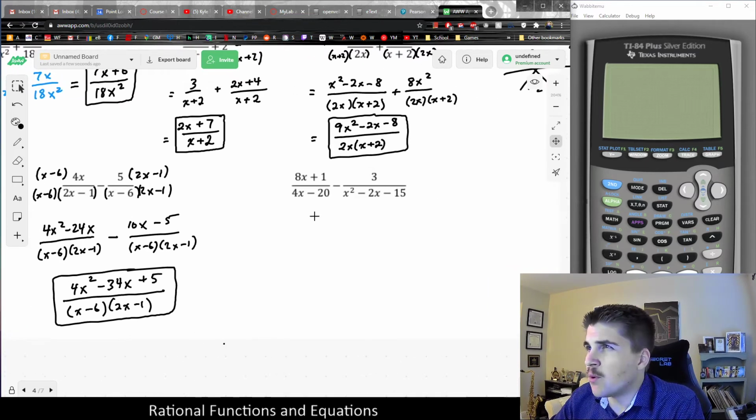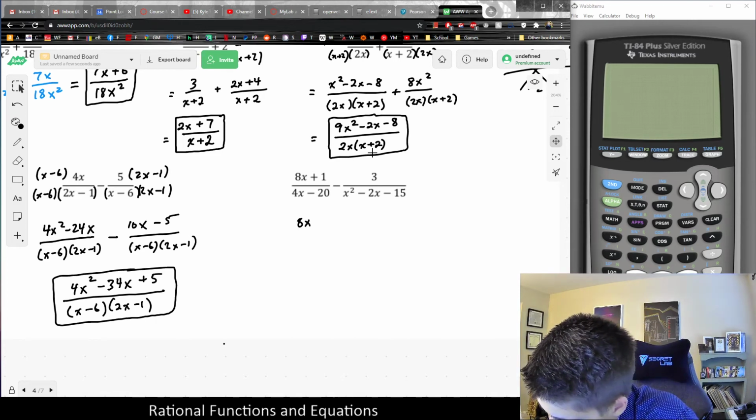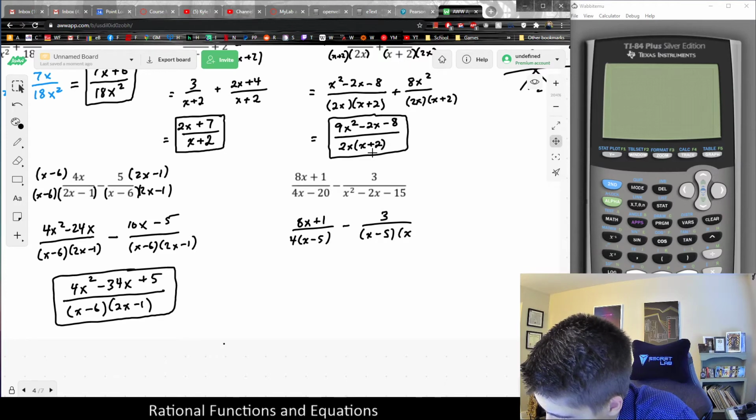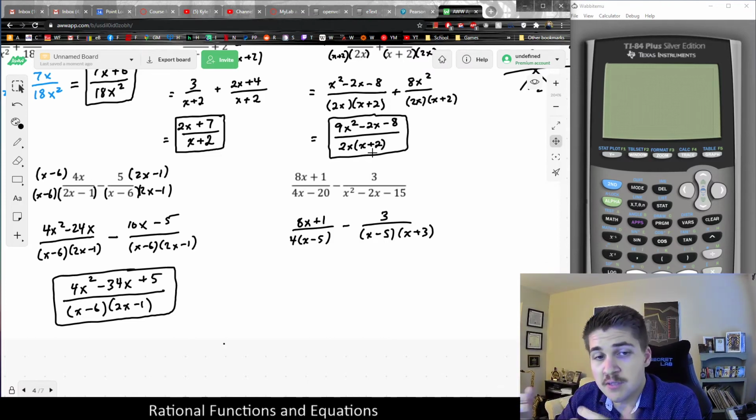So looking at one more, in this one, when the denominators are a little bit more complicated, we want to factor them both first. So like the first rational function, I'm just going to go ahead and rewrite it. The denominator would factor as 4 times x minus 5. Because if there were a common factor between those denominators, it will be easier to figure out because when finding the LCD, I don't need to reuse a shared factor.